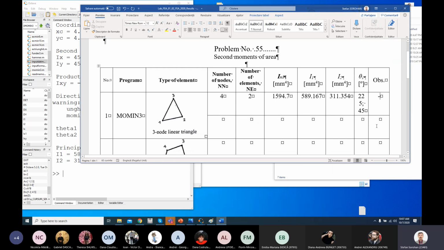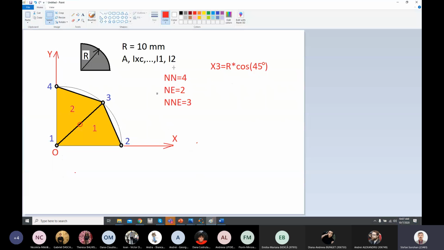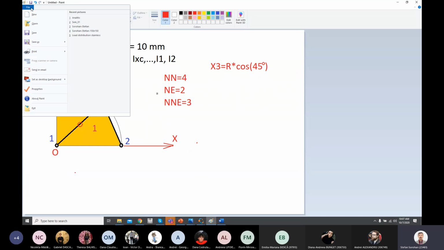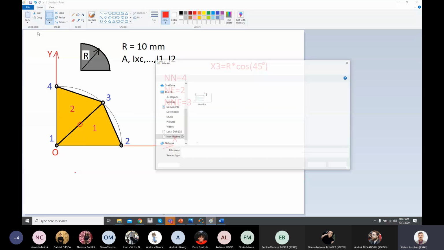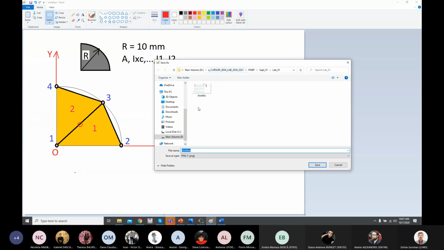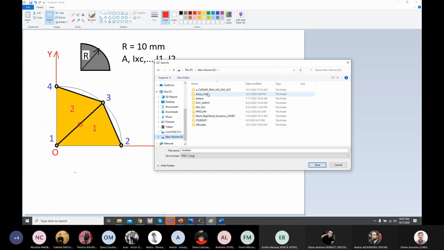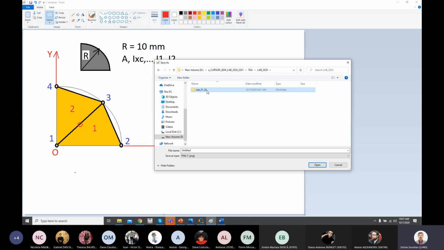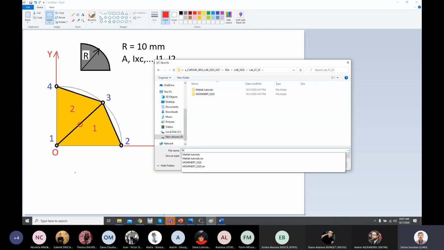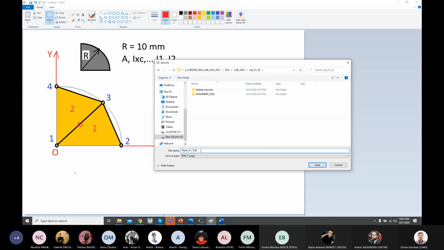For the second line here, you can use a new mesh. So I will save also this one, let's say mesh 01 for triangle, 3 nodes.